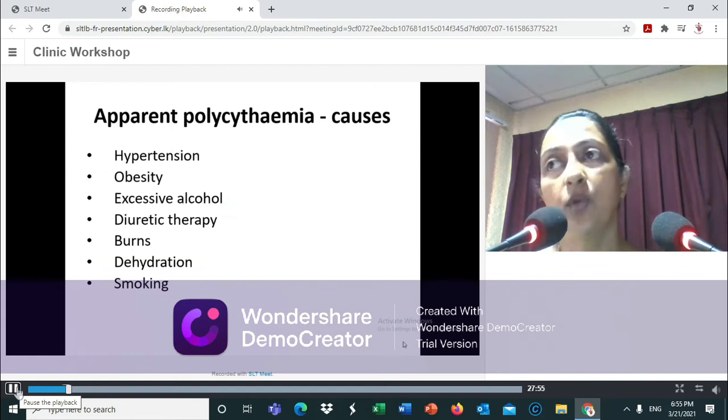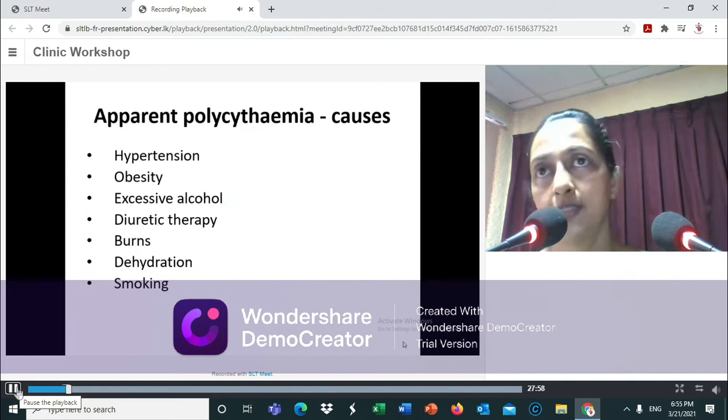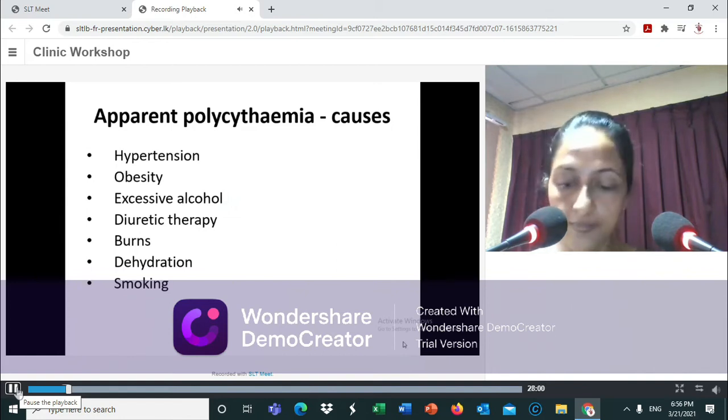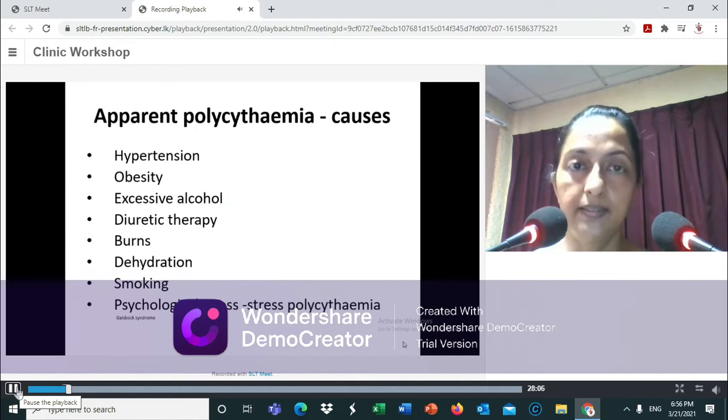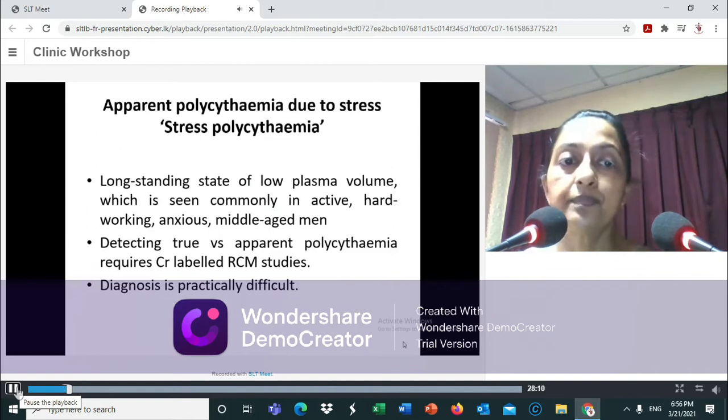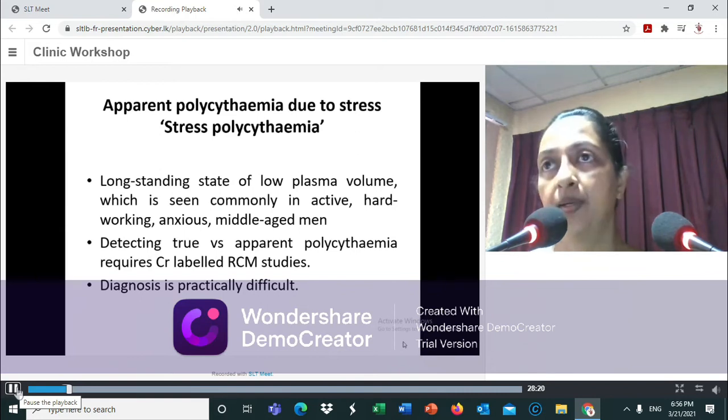So smoking can cause both. You have to remember that. Then psychological stress, which is called stress polycythemia. It's an apparent polycythemia. There is a long-standing state of low plasma volume, which is seen commonly in active, hardworking, anxious, middle-aged men. And this is called stress polycythemia.